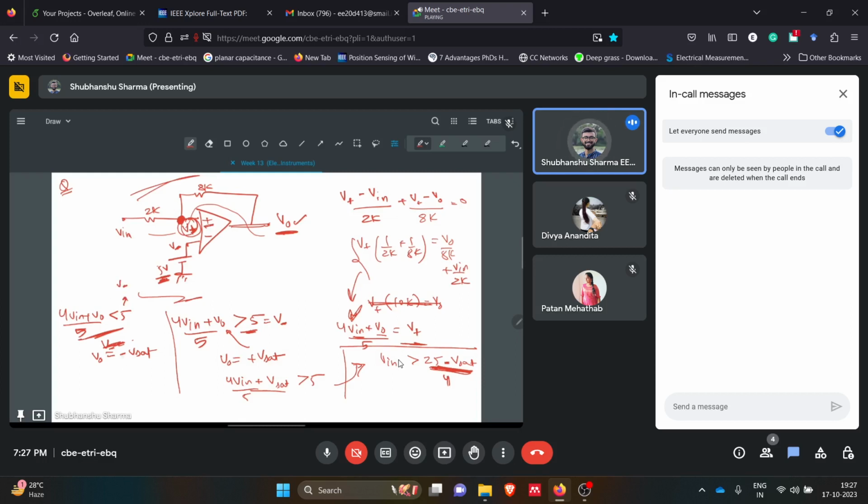So V naught will be minus V saturation, and if we put that here, (4V in minus V saturation) by 5 less than 5, so we will get V in less than (25 plus V saturation) by 4.